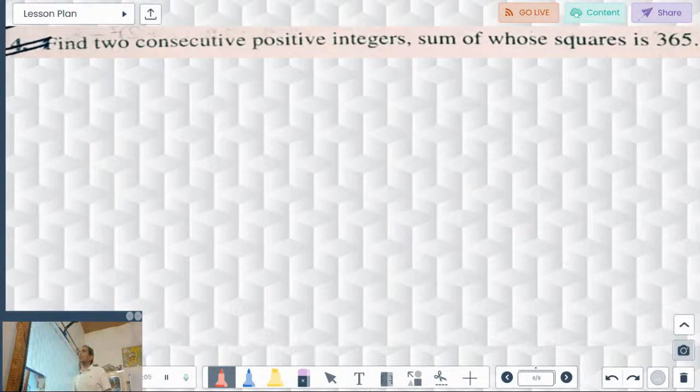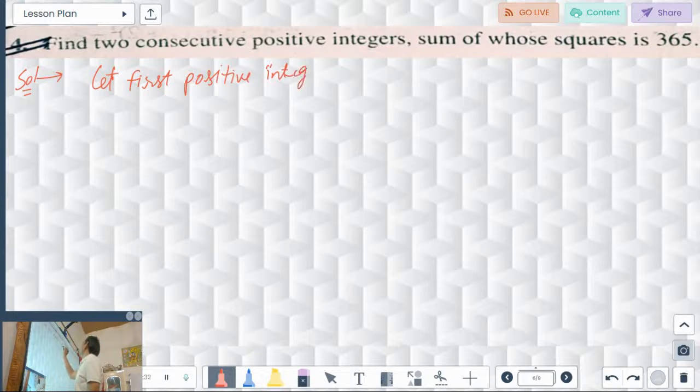Now let's calculate question 4. Find two consecutive positive integers, the sum of whose squares is 365. Solution. Let the first positive integer be x and the second x plus 1.